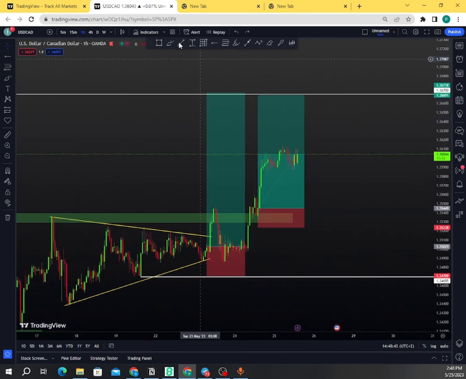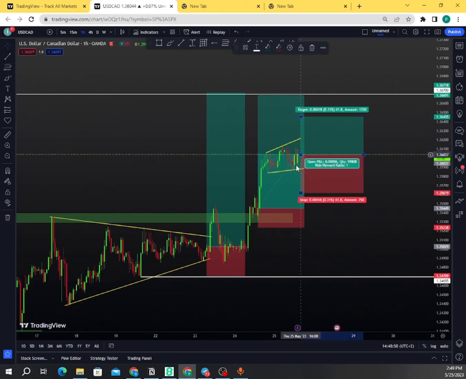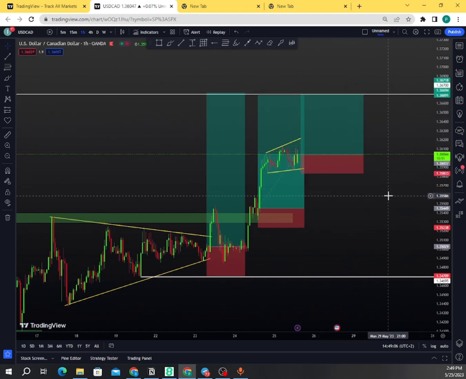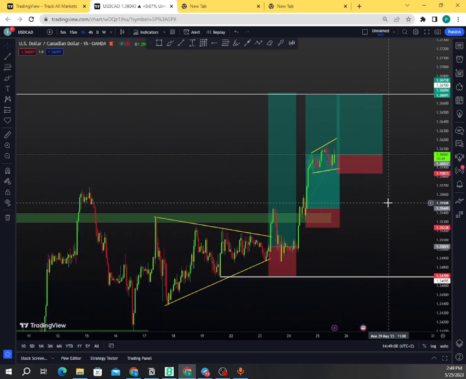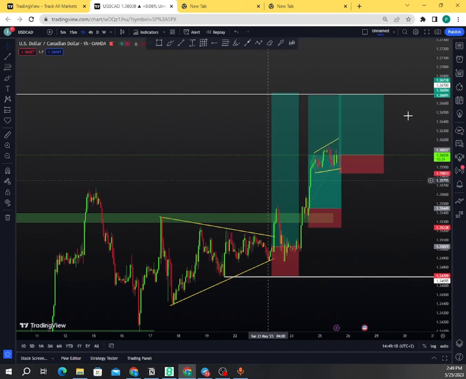What you can see is that we also have a continuation pattern that price is creating, where I can take another buy here, put my stop loss here, and target 3%. Right? So this is how I caught a trade on USDCAD. So yeah, guys, I hope you understand how I was able to catch a buy trade on USDCAD.